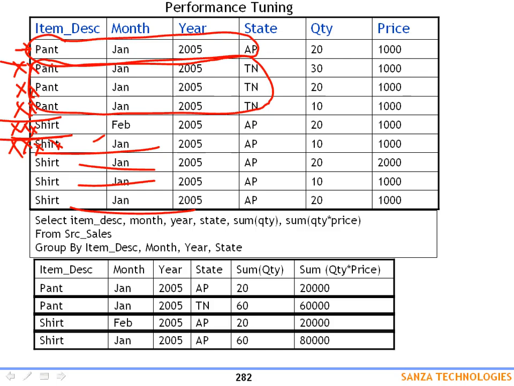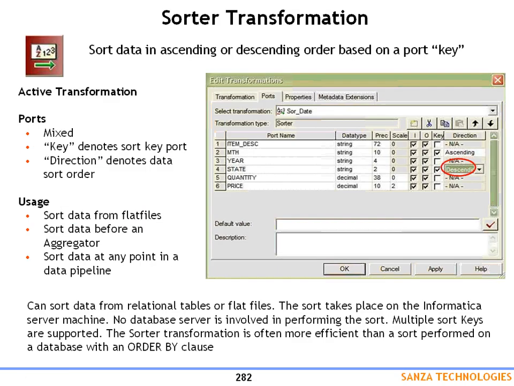To ensure that, Informatica provides you with a transformation called the sorter transformation. The purpose of this sorter transformation is to do sorting of data. When your source is a flat file, or you want to sort the data before an aggregator transformation, you use the sorter transformation.